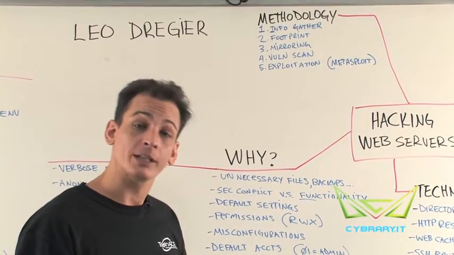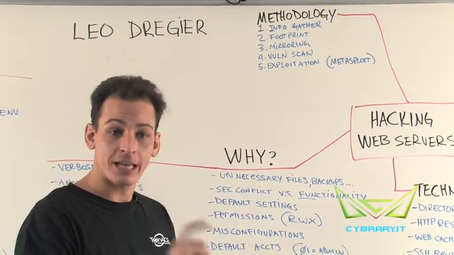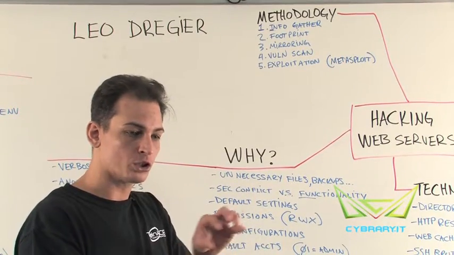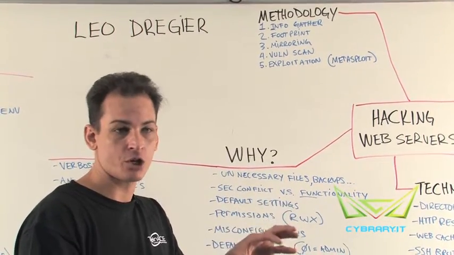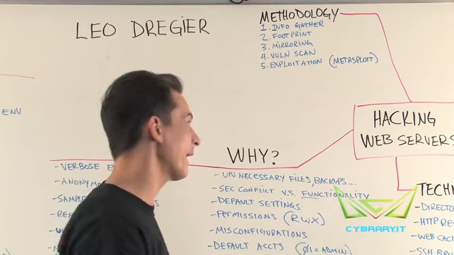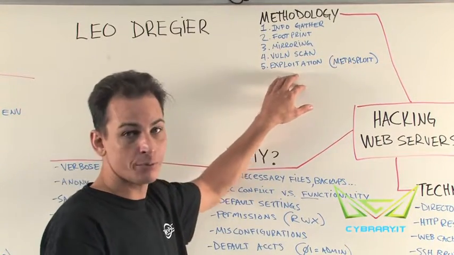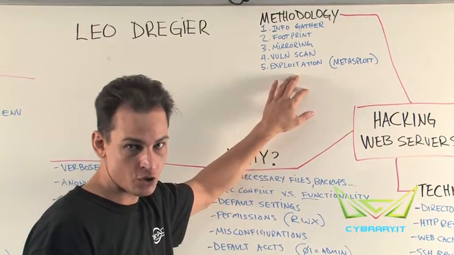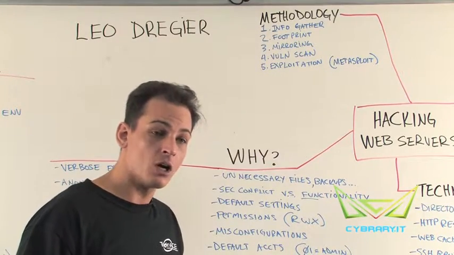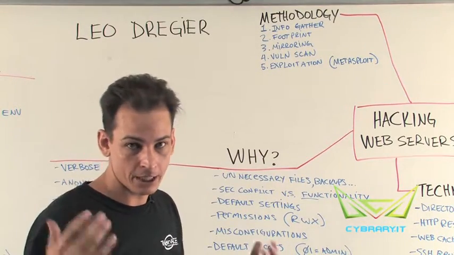And this is where tools like Burp Suite come into play, because as you naturally surf, it slowly starts building that directory structure without just ripping the whole thing down. And then finally, doing vulnerability scans and then exploitations. So you have to know what the weaknesses are so that you can ultimately exploit them.